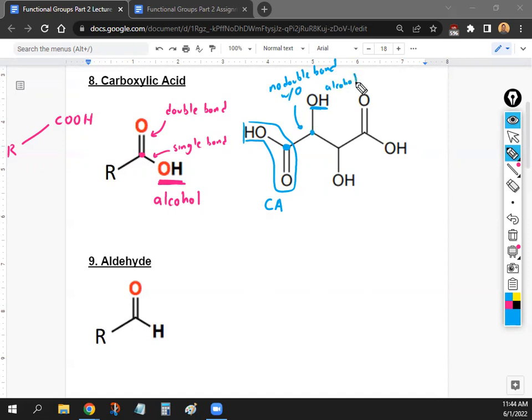Okay, so that's kind of how you can tell the difference between a carboxylic acid and an alcohol. The carbon that the OH is connected to has to have a double bond with an oxygen. Okay, so this right here would be an alcohol, and this right here would be a carboxylic acid. Okay. Any questions?